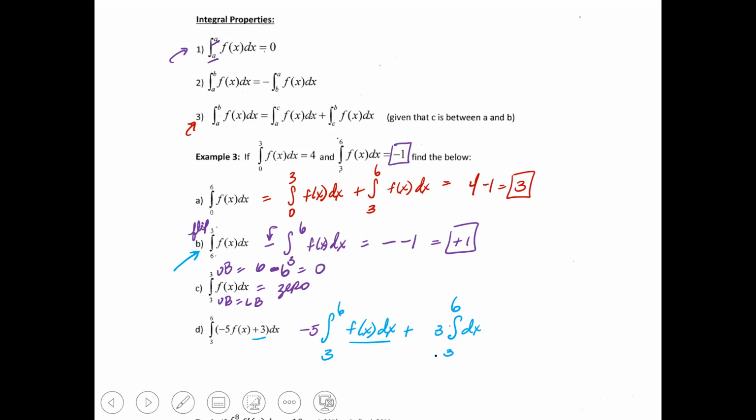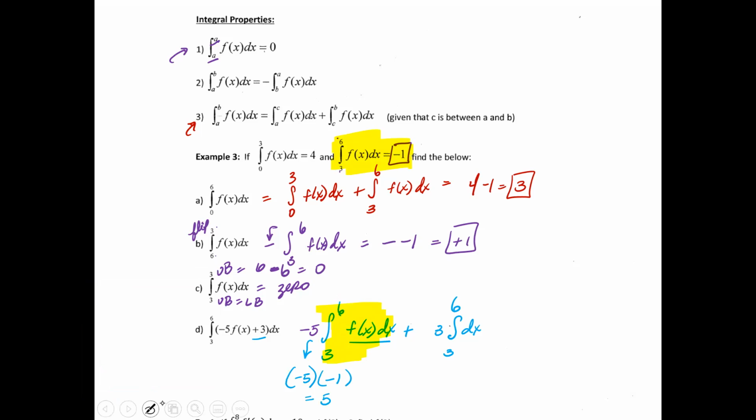Just kidding, not for this piece. You did that for here. It's given to you right here. Sorry about that. So for this side right here, from 3 to 6 of f of x dx, that is going to give you a -1. So I'm going to put a -1 right there. Don't forget your -5, so I'm going to put the -5 right there. Multiply together, you get a +5.